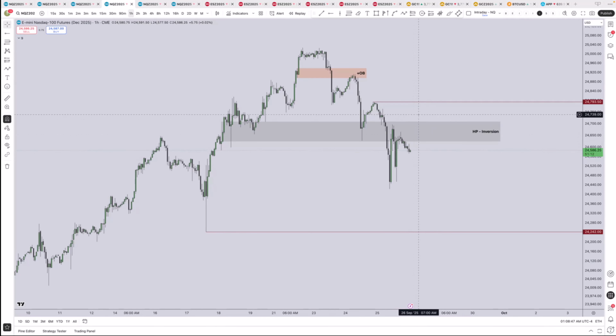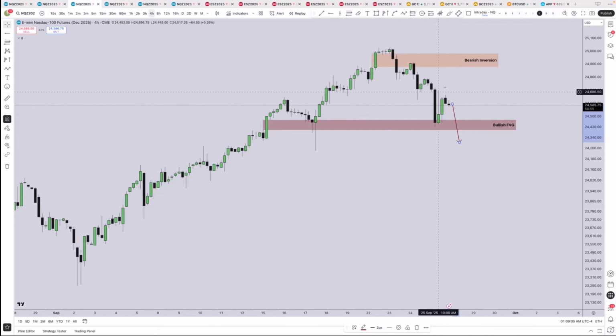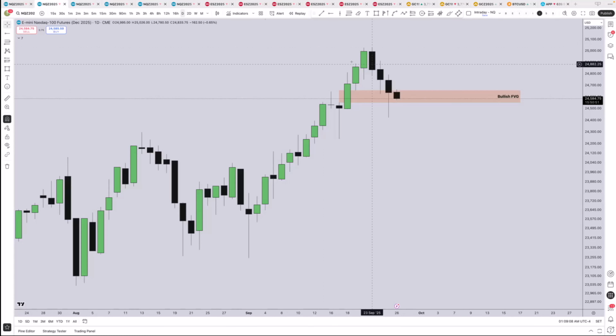But the moment a candle closes above this, the bias would start to turn bullish for me. Because once this inversion is reclaimed, it would mean that very likely the price would like to expand from here on, and that would be in conjunction with the 4-hour, because this is held and the price would be somewhere here.